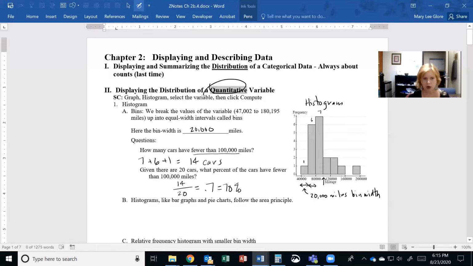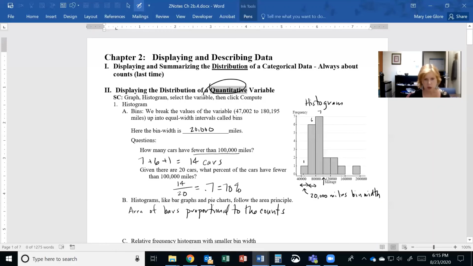Now, like the bar graphs, histograms follow the area principle. And if you remember what that meant, the area principle was that the area of the bars should be proportional to the counts. And here are the counts in each bin.